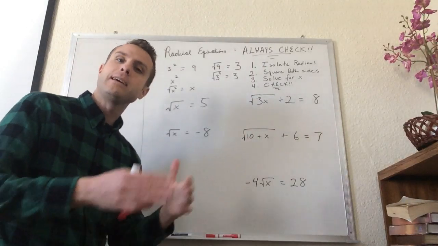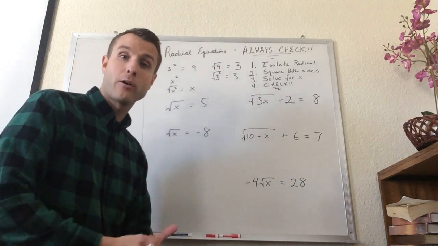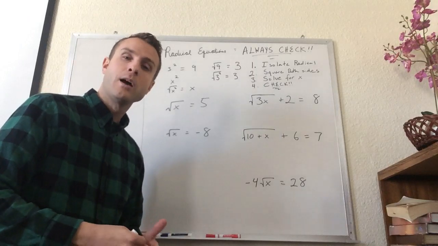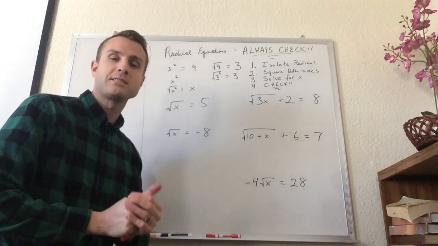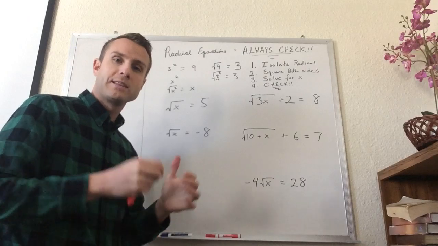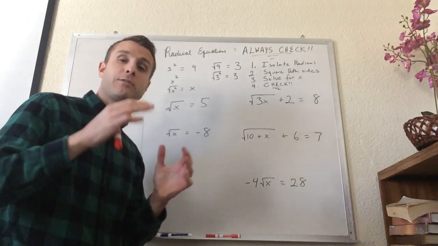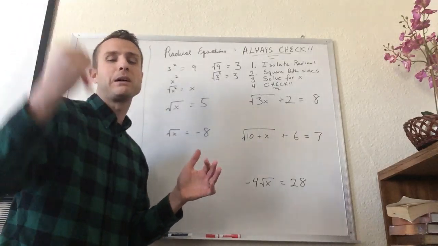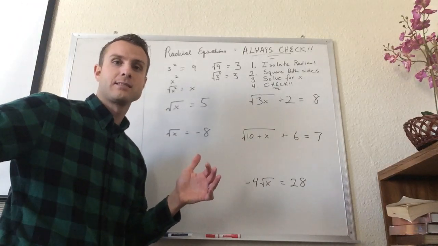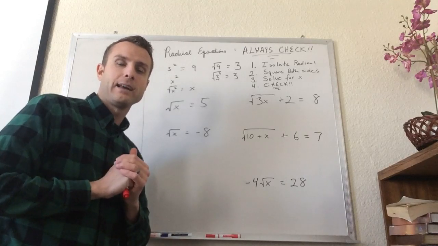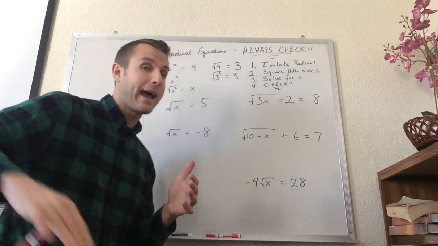Just like we did in previous lessons when we had a variable and we isolated the variable by doing the opposite, we're going to do the same thing with the radical. We want to take whatever is inside the radical and get that by itself. If there's something being added to the radical, I'm going to subtract that on both sides to get rid of it from that side. If there's something being subtracted, I'm going to add it to both sides.